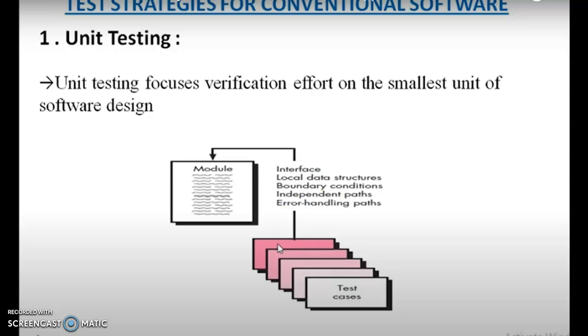We already discussed what unit testing is, so I will just move through how this applies in conventional software. In unit testing, the smallest unit of the software design is tested, and that is the software components or modules, using the component level design descriptions as a guide, and important control paths are tested to uncover errors within the boundary of the modules.